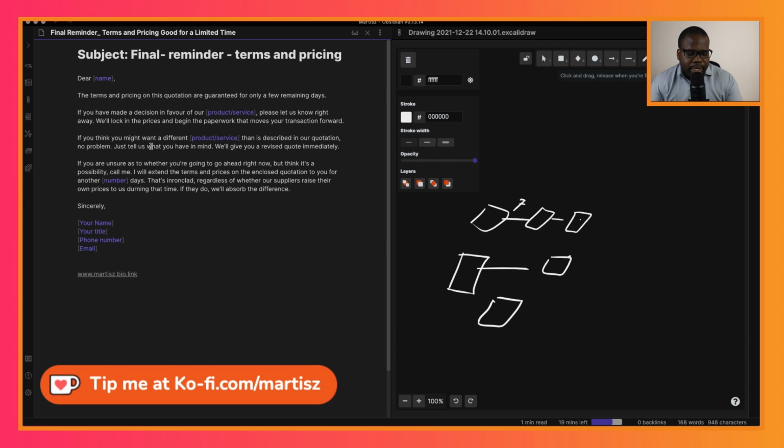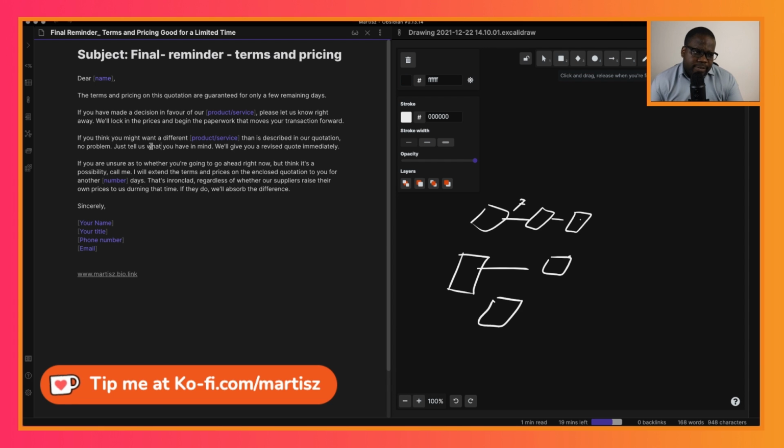So keep in mind that when you give a quotation, if you have suppliers, they can increase their price. Here you're guaranteeing them, okay, if you do not know if you're going to go forward with this, we can give you some extra days. But if the price increases, we are going to be responsible for the price. That's technically what you're saying here.